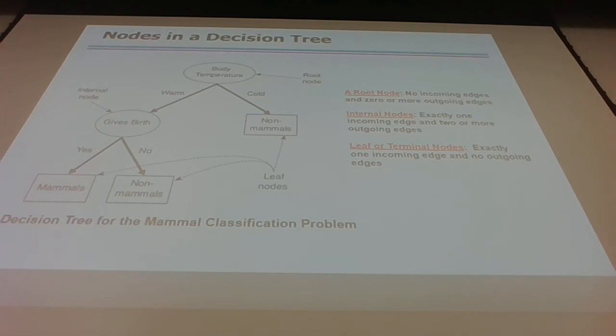Because the first point at which you follow 2 different paths, you divide the test data or training data into two mutually exclusive sets. Coming back to the same node means you are trying to combine them, and combining them will lead to greater impurity because these were two different sets with two different classes. So that's why you don't have two incoming edges to the same node. Those are the three different types of nodes in decision trees.